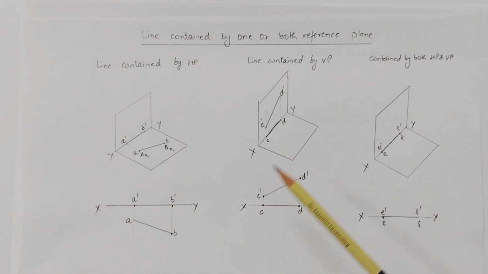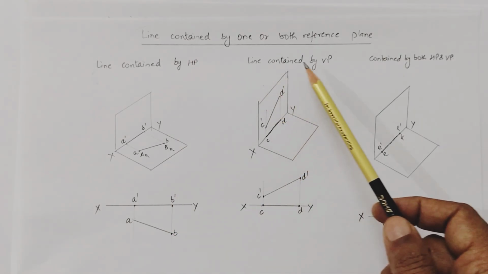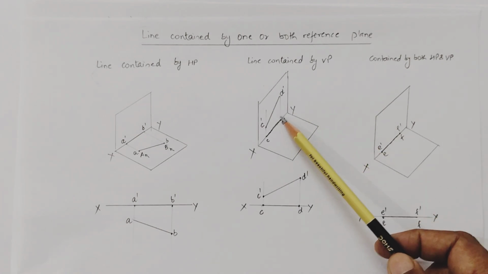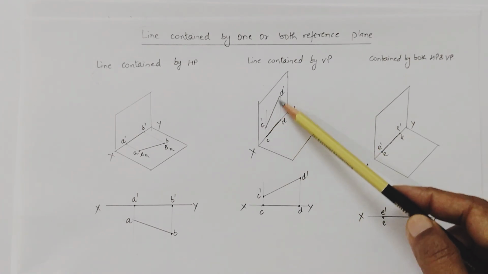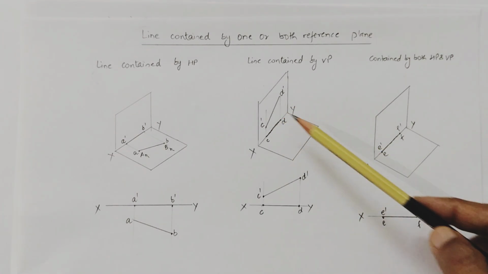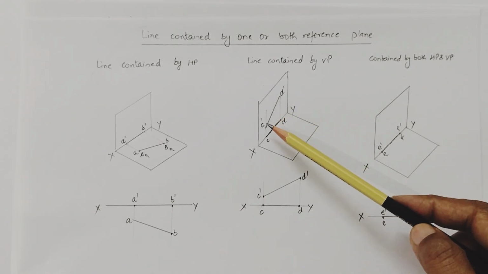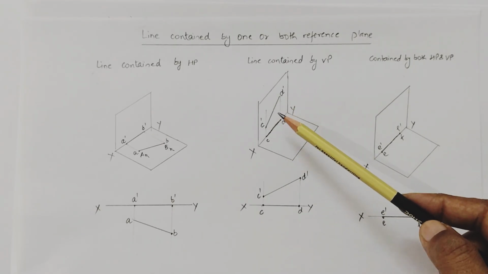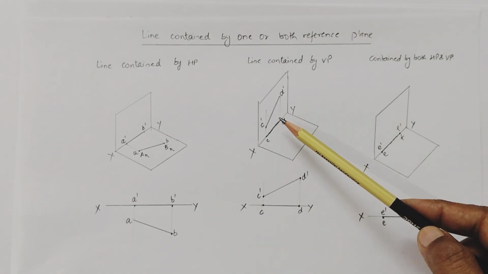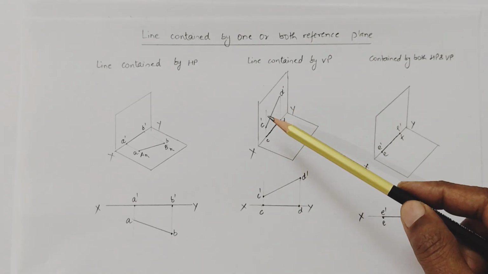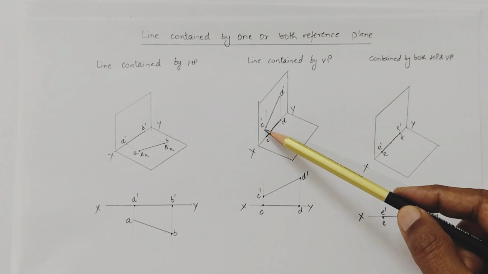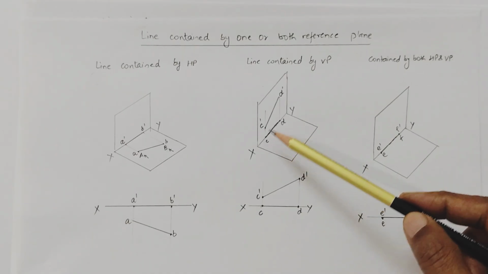Now the second case is when the line is contained by the vertical plane. You can see over here is the line. So when we view from the front side, the projection will overlap on this line. So we can say this line represents the projection of the line in the front view. In the top view, the projection of this point will lie on the XY reference line.